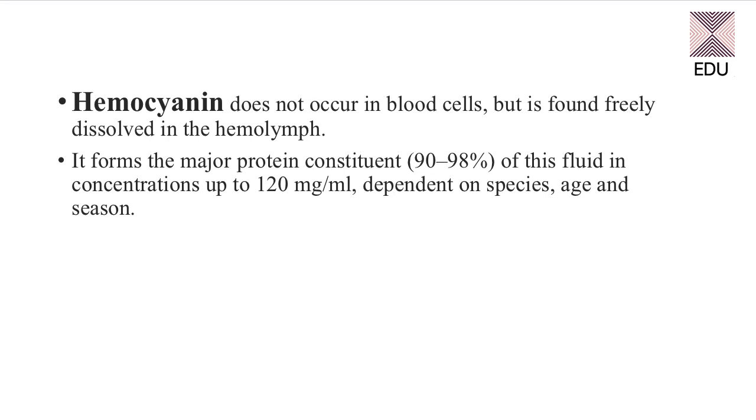That is also dependent upon the age of the animal and the season in which you are considering the concentration of hemocyanin. So in some particular season, when the oxygen concentration is low, you may have higher amounts of hemocyanin in the hemolymph. So it is dependent upon the species, the age and the season.